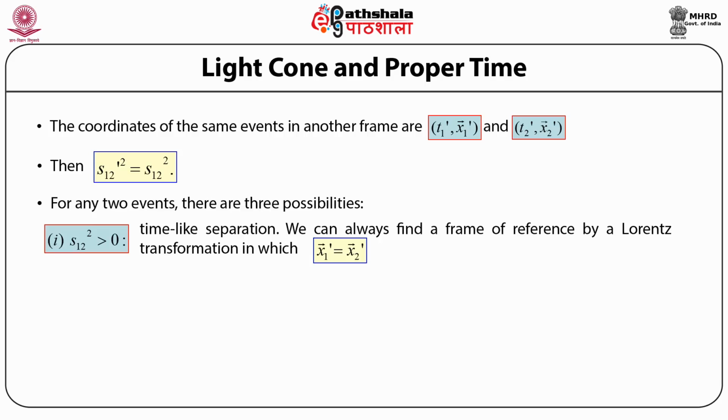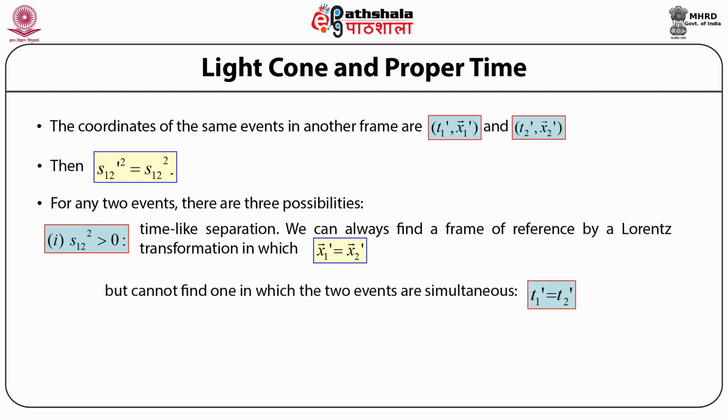This invariant interval is called time-like separation, and we can always find a frame of reference by a Lorentz transformation in which the vector x1 prime is equal to the vector x2 prime, which define the two events. But we cannot find a frame of reference in which the two events are simultaneous, that is, in which t1 prime is equal to t2 prime.